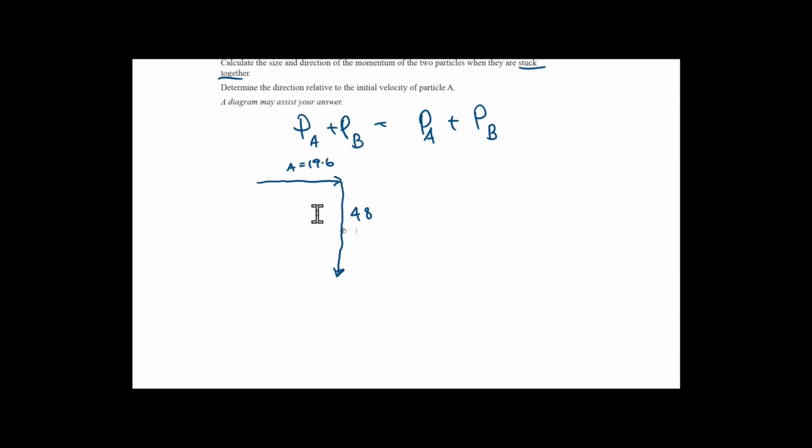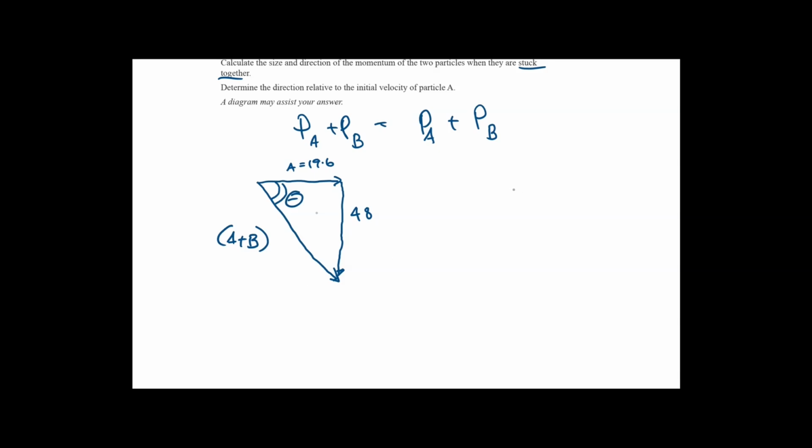At the point where they intercept, both of them are going to join together, and they're going to go in that direction. Now we need to know what that theta is and what the magnitude is.